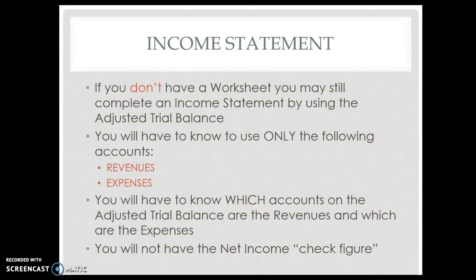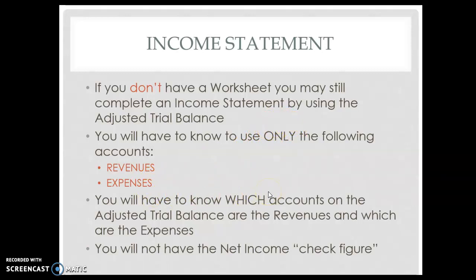Now, if you were doing an income statement, which is one of the financial statements we're going to learn how to do in the next module, and you don't happen to have a worksheet, you can still do the income statement. You just use the adjusted trial balance, and all the revenues and expenses are right there. You just have to remember, only use the revenues and expenses.